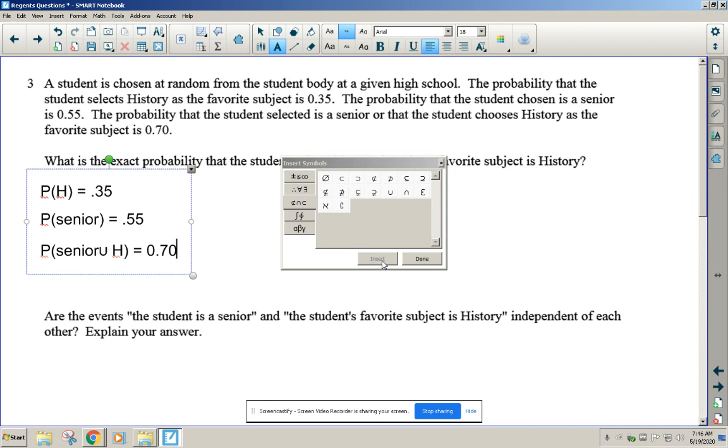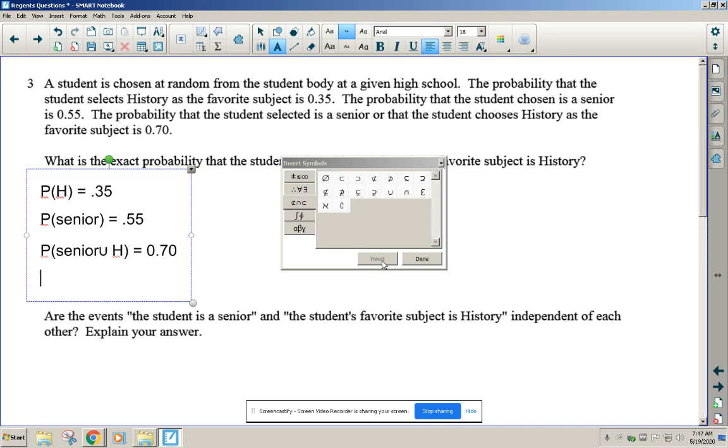So if they want me to say what is the exact probability that the student selected is a senior whose favorite subject is history, I have to find the and. I have to find the overlap. I don't have a choice. So I'm going back to that formula.